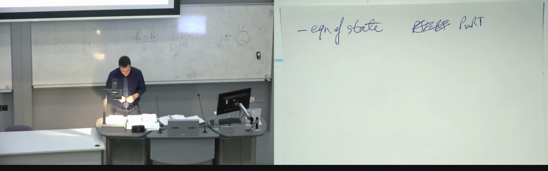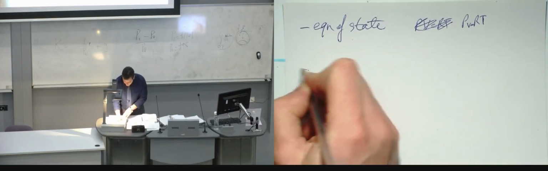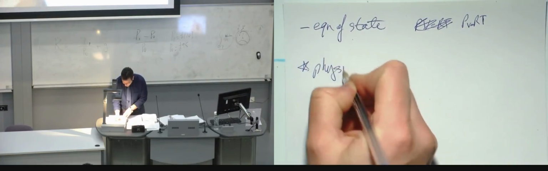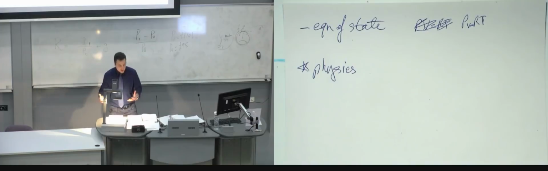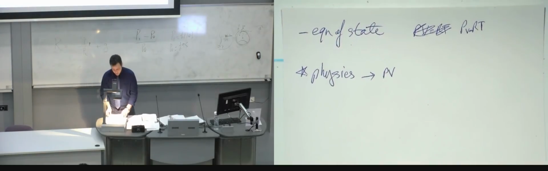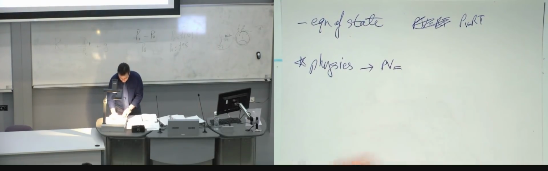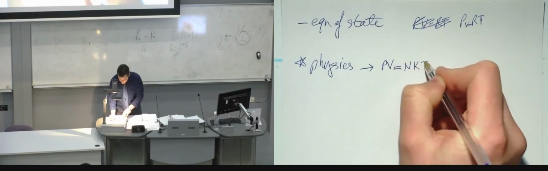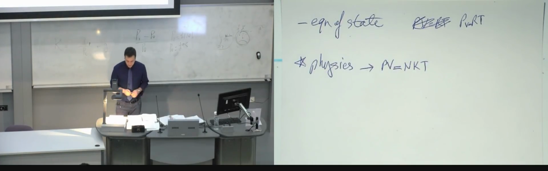And the way that this was written was really in terms of physics. So let's just talk about physics here and how physicists would see this relationship, which I just explained based on Avogadro's hypothesis. So we're going to have PV, pressure times volume, equals NkT. T is temperature.